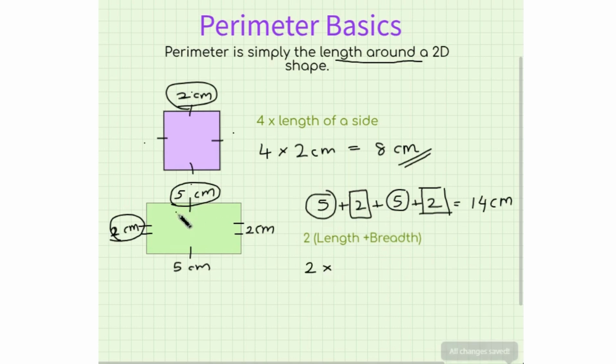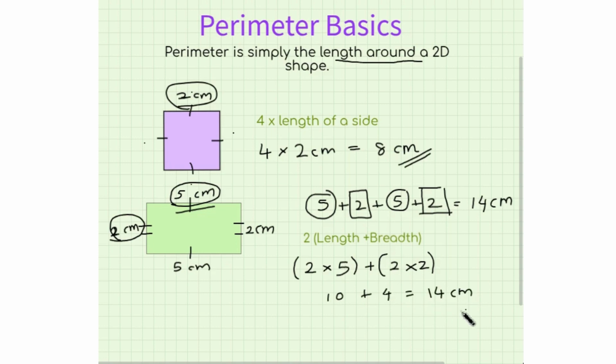So length here is 5 centimeters, so 2 times 5, and then plus 2 times the breadth. So breadth here is 2 centimeters, right? So that's 2 times the breadth, which is also 2 centimeters. So 2 times 5 is 10, plus 2 times 2 is 4. Then you would get your answer 14 centimeters right away.